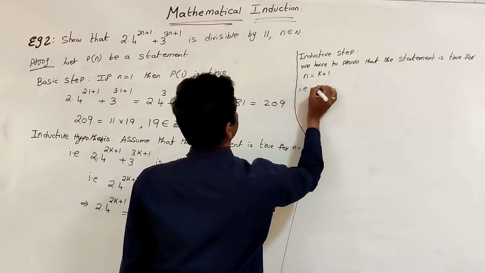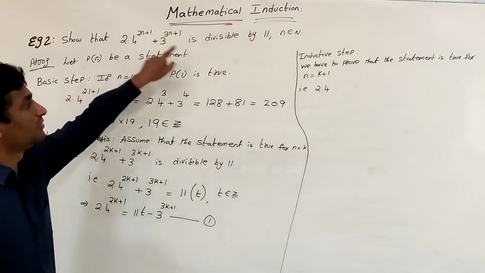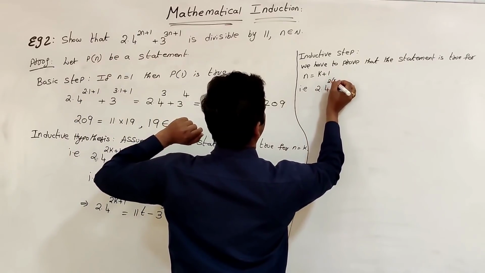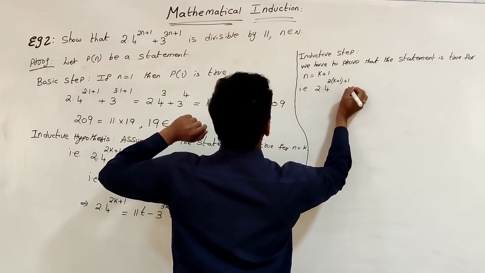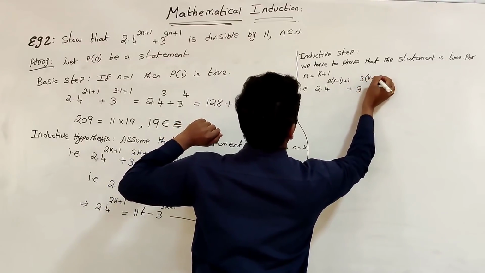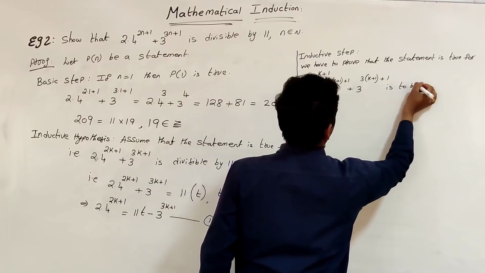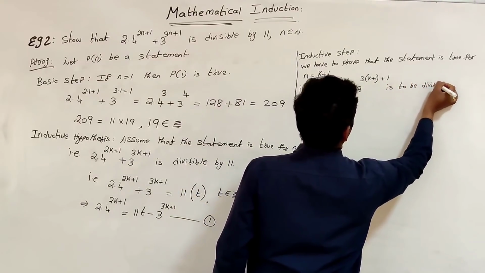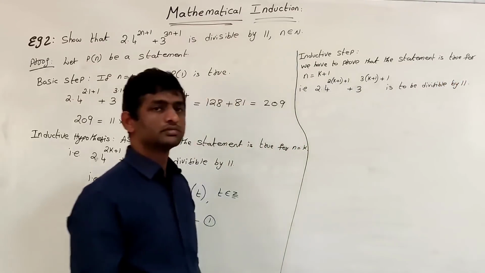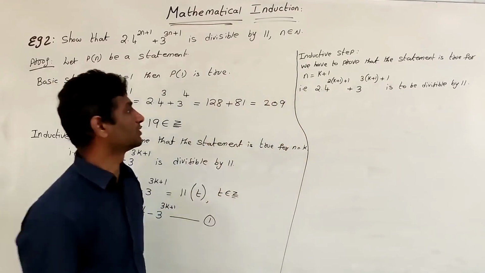That is 2 into 4 to the power of, in the place of n we have to replace with k plus 1, 2 into 4 to the power of 2(k plus 1) plus 1, plus 3 to the power of 3 times of (k plus 1) plus 1, is to be divisible by 11. Now we'll simplify and let's see whether it is divisible by 11 or not.